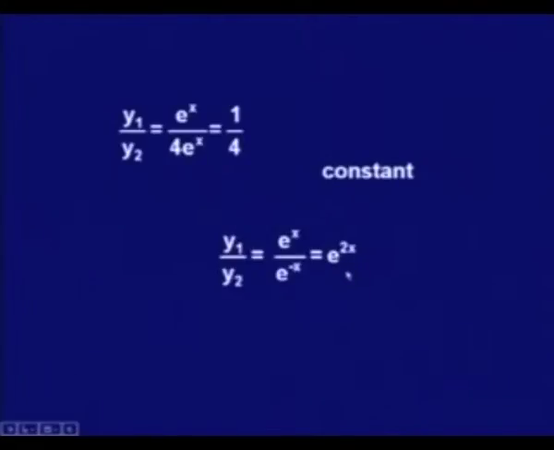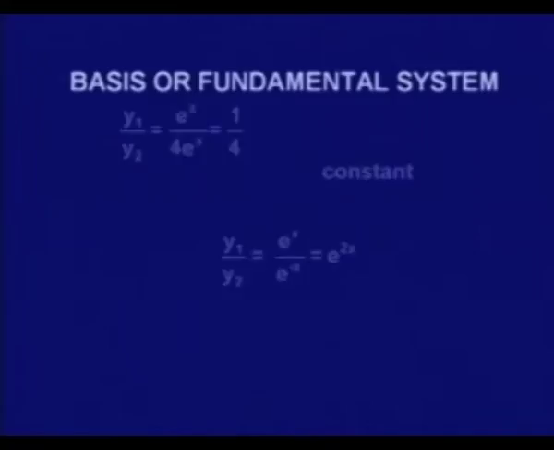That is, it is a function of x. Now, here is the point. When I am getting this as a constant, I am not able to get the particular solution. But when it was not a constant, I was able to find it. What this says is, now we need to modify our definition of general solution.